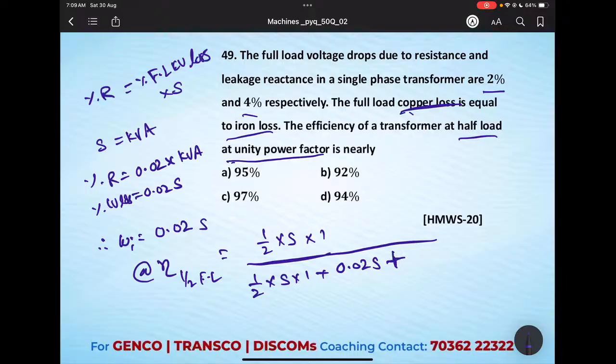But we need to be very careful that they are asking at half of full load. We know that copper losses at any fraction of load are given by x squared into full load copper losses.